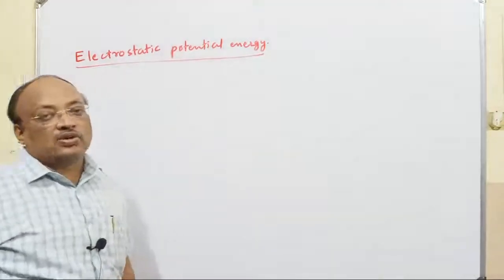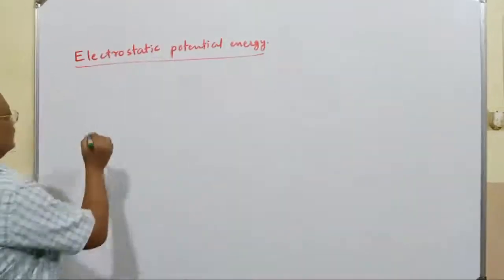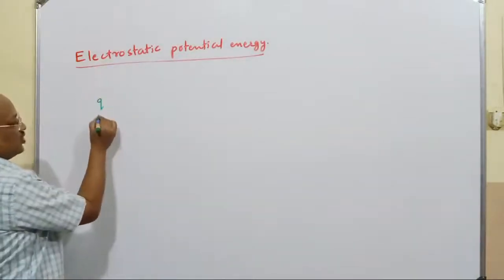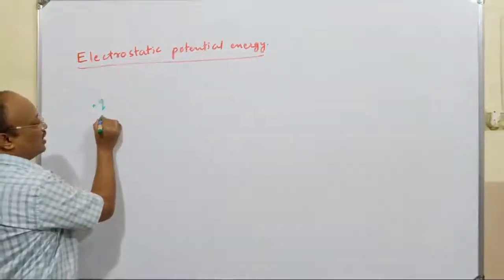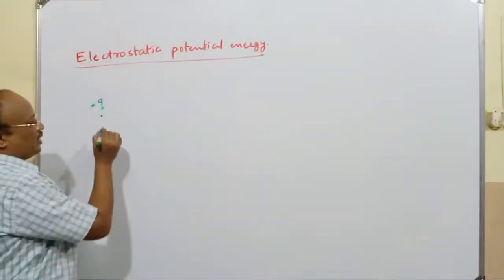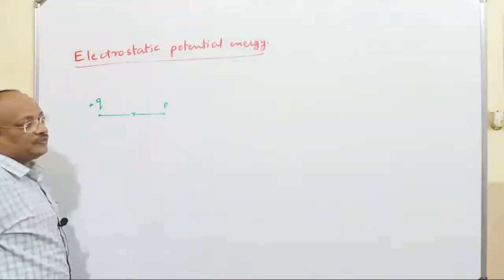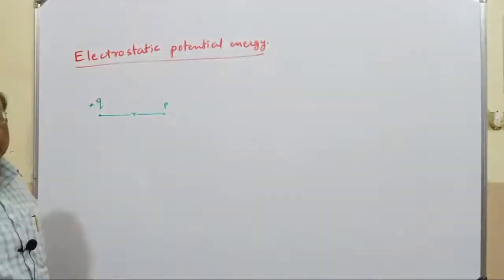For this electrostatic potential energy, say we have one charge here, charge plus Q, at this point. I am choosing one point P, which is at a distance R from this charge.